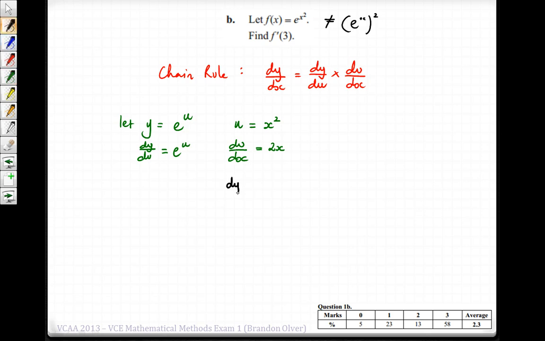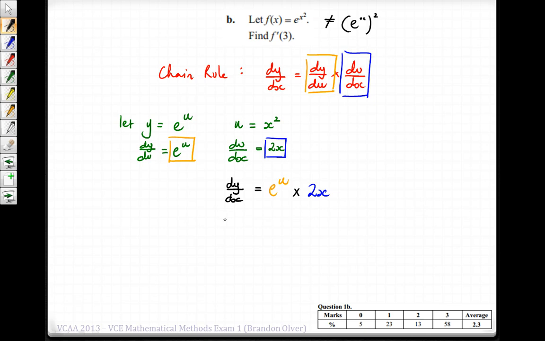So we have dy dx equaling dy du, so the first one here is e to the power of u, and then we multiply that by du dx. So du dx in this case is the 2x.